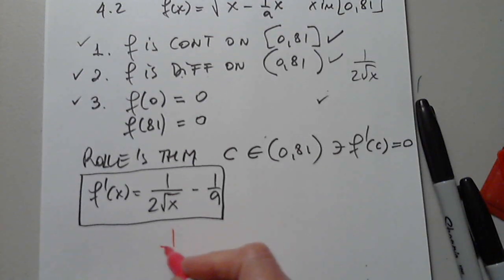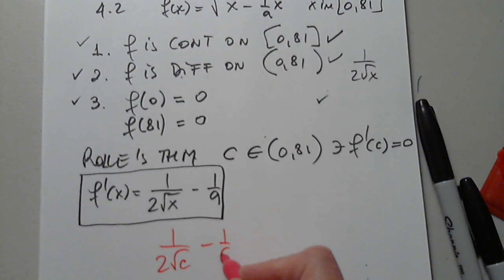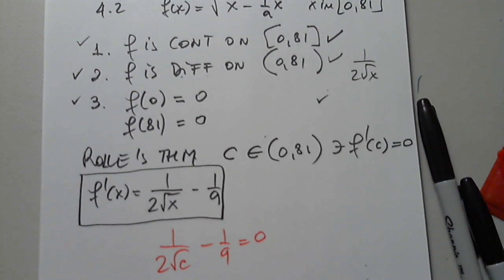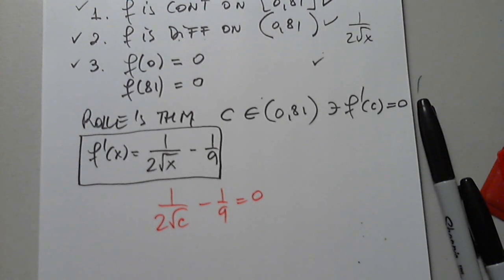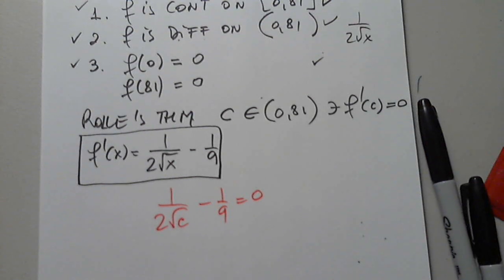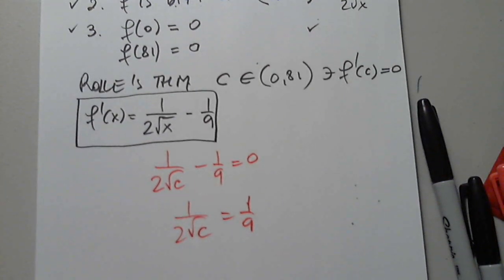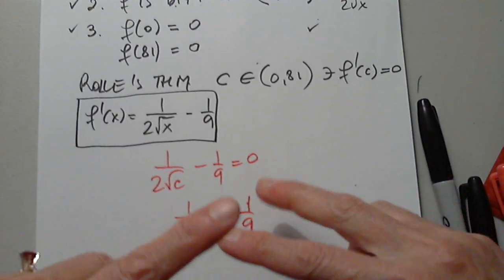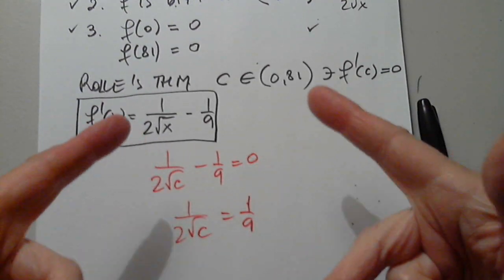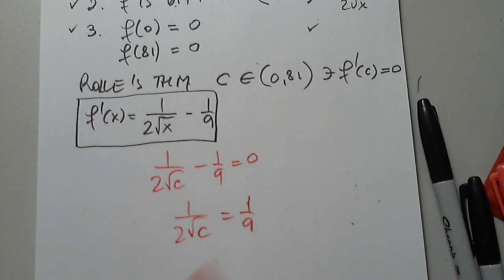So now I have to plug in C in it. 1 over 2 the square root of C minus 1 over 9. Rolle says that it's 0. I will move 1 over 9 to the other side. So 1 over 2 the square root of C equals 1 over 9. And remember what we do in a proportion: I can swap both sides or cross multiply.